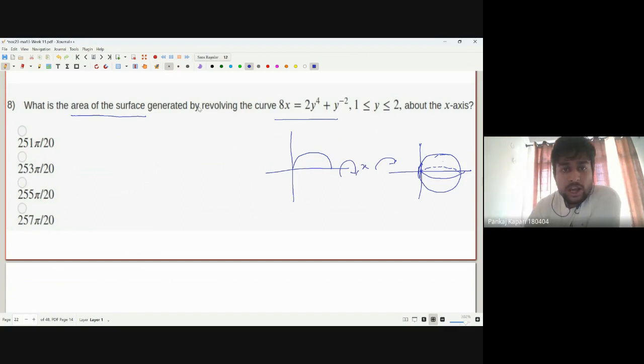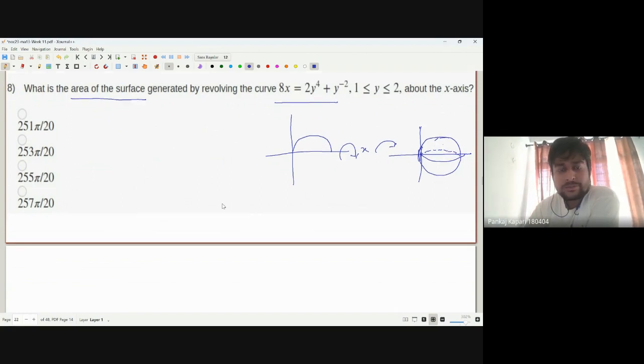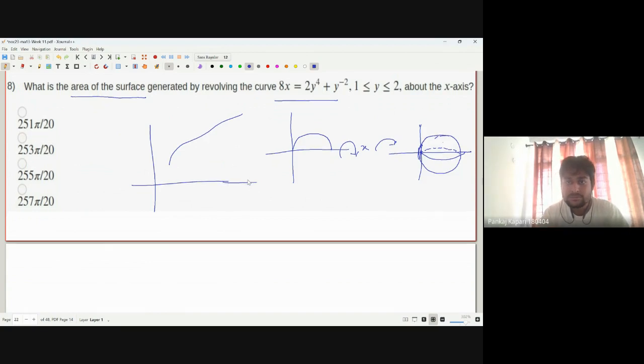So we have to see how we can find the area of such surfaces of revolution. In general, if you have some curve and you are revolving it about some axis, let's say about the x-axis.